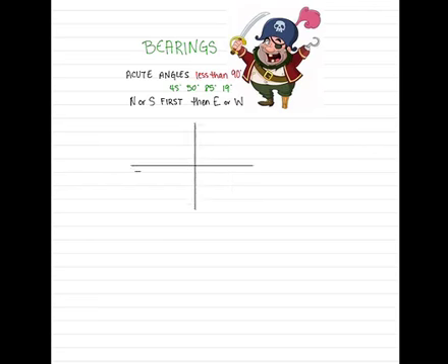So here's our direction. This is going to be north, south, east, and west. And let's say you're given this line, and it's in this direction, and you've been asked to find the bearing. So like I said, bearings are in relation from north or south first.